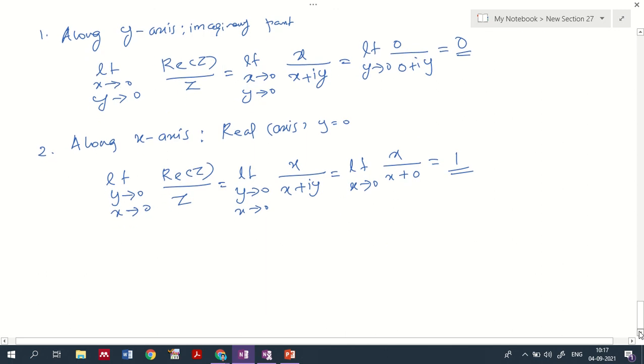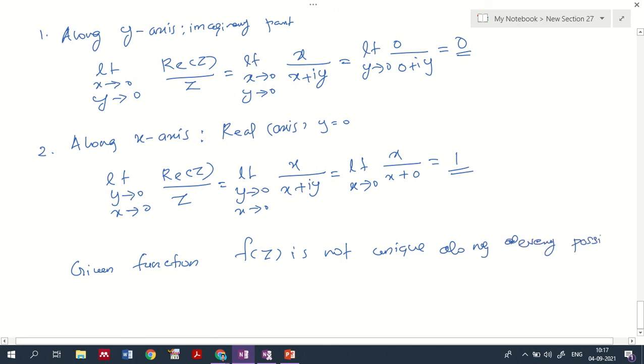So the given function f of z is not having a unique value along every possible path for z tends to 0. So we can say that the limit does not exist in this case.